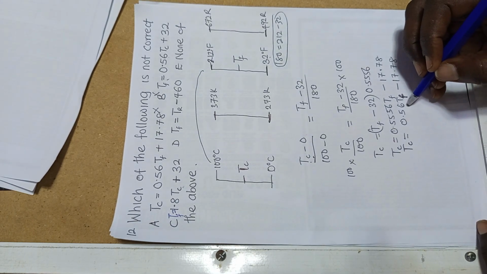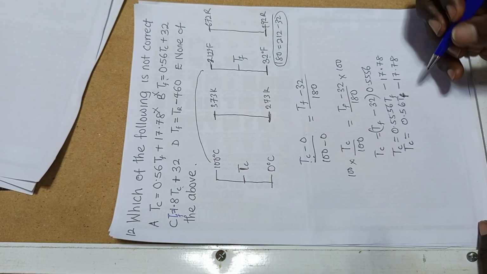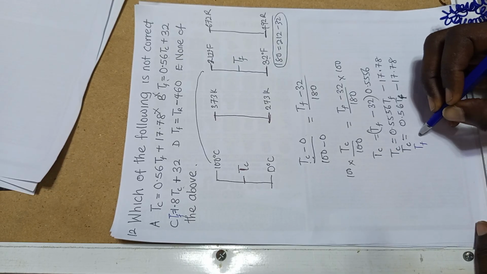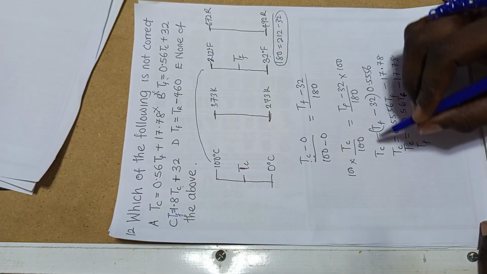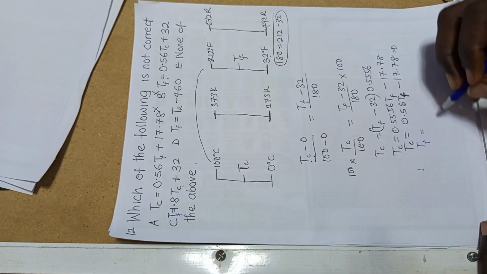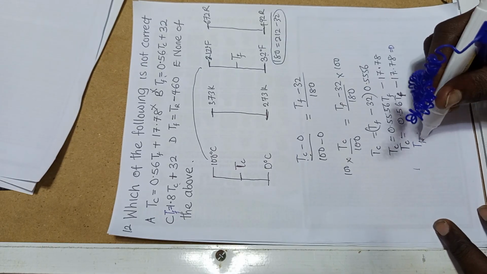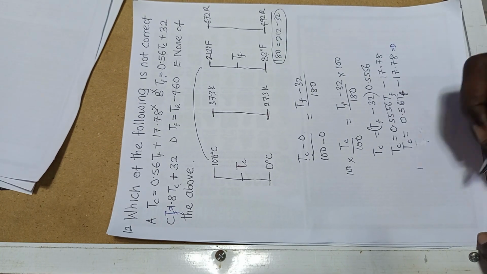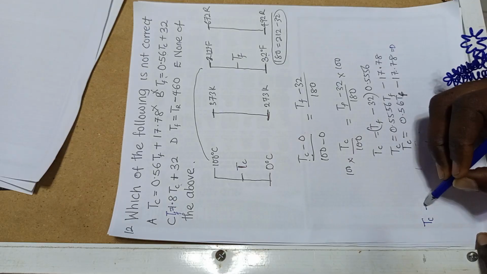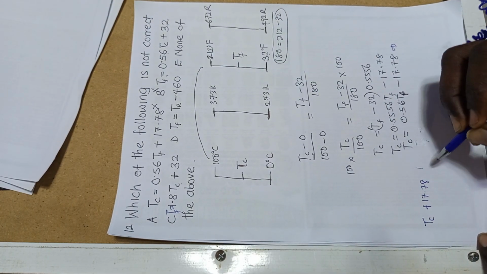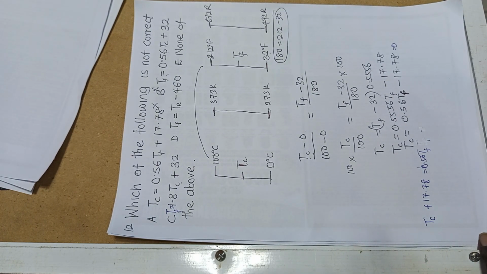Option C is TF to TC. Let's make TF the subject of the formula. First of all, we take this one here first. That will give me TC plus 17.78 equal to 0.56 TF.